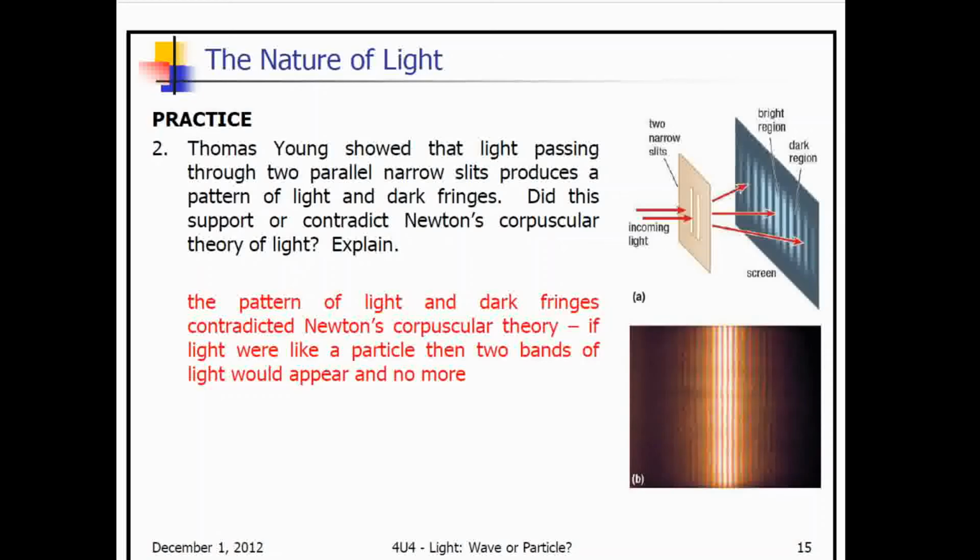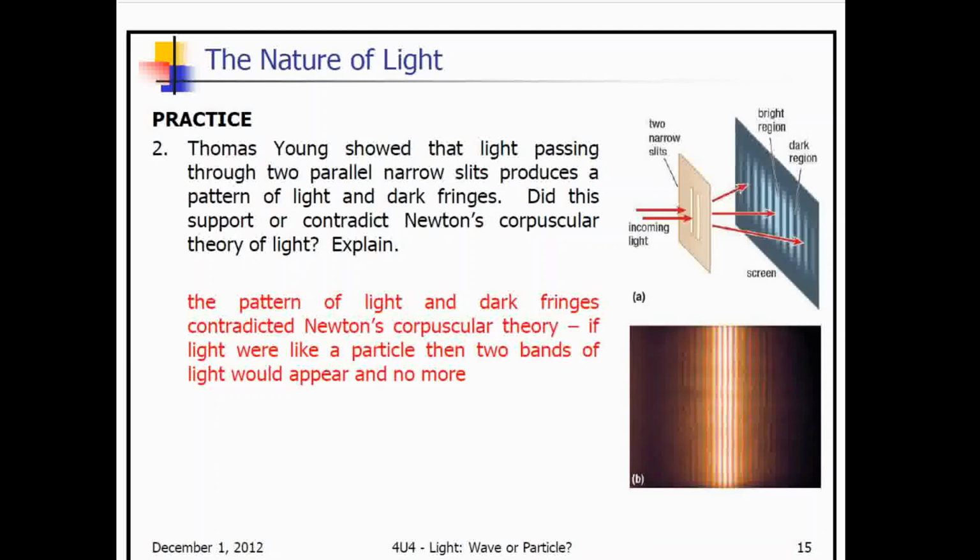So we're going to get into this later, I think in the next lecture actually, but Thomas Young ends up doing this experiment later on, and he sees that if you pass light through some slits that are very thin, you can see an interference pattern. And it says the pattern of light and dark fringes contradicted Newton's corpuscular theory. So if light were like a particle, then the two bands of light would appear and no more. And we'll get into this a bit more in depth.